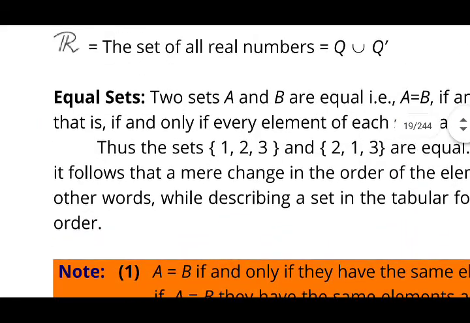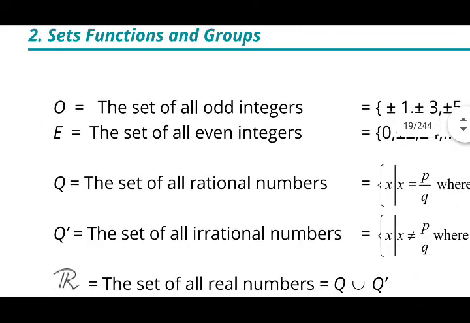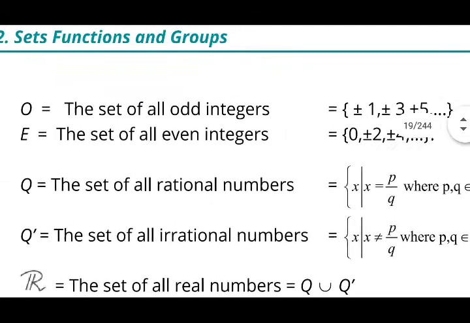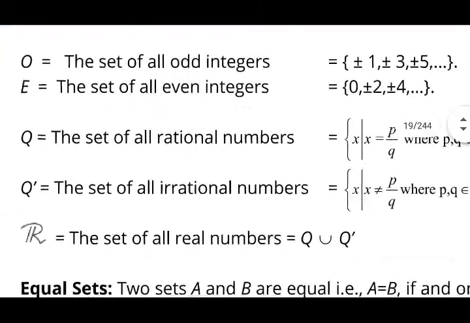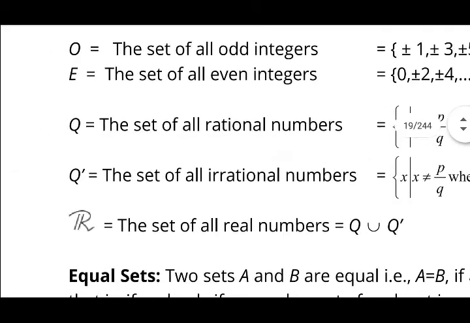Next, O is the set of all odd integers. Odd means those numbers not divisible by 2. E is the set of all even integers.